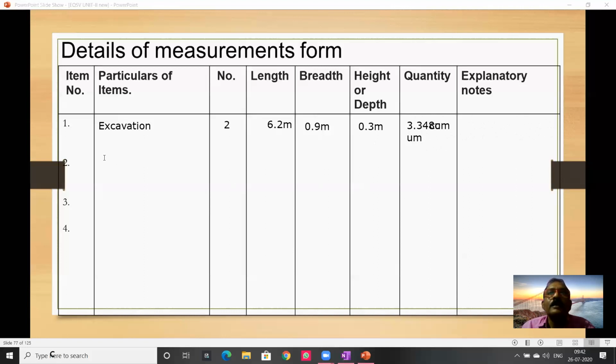Here, in the explanatory note, you have to write center to center, C by C of long wall, and how it is calculated: it is 5.3.